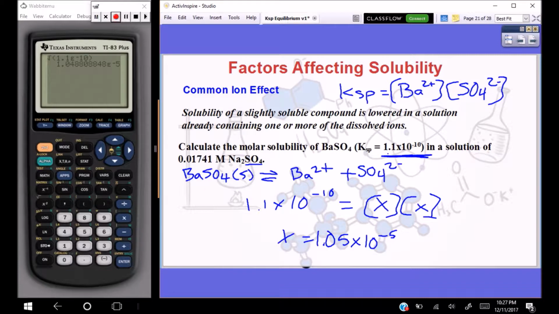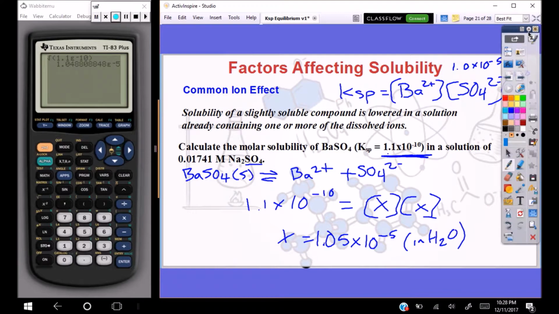Okay, not too bad, but still fairly small, right? Again, this is what it would be if it was in water. I'm going to put that number up here in the corner so we don't forget. 1.0 times 10 to the negative 5th molar, and I'm going to say in H2O.